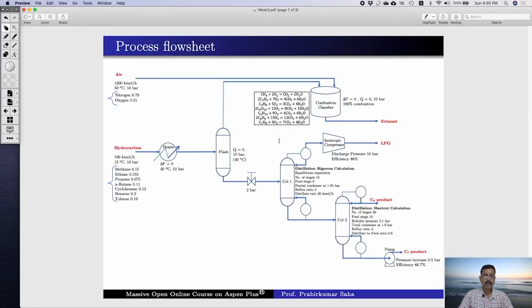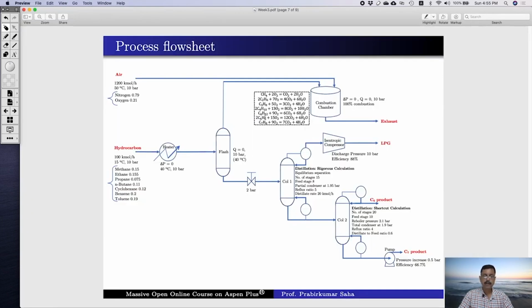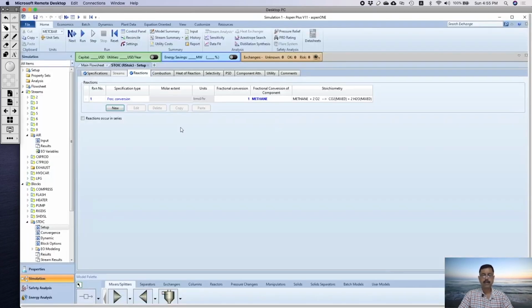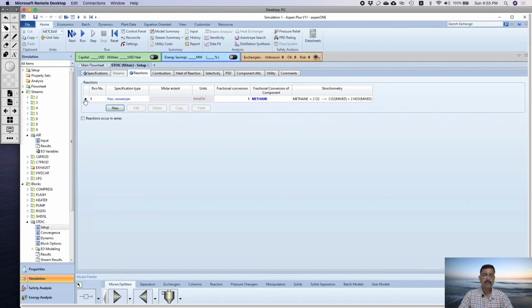But you have to give all other 6 reactions which are written over here. You have to add in all the reactions to make it complete. Now one thing is very common for all the reactions, that one of the reactants, that is oxygen, is common for all of them, and the products are also common for all of them. So instead of writing all the equations individually, we can copy and then paste it 7 times.